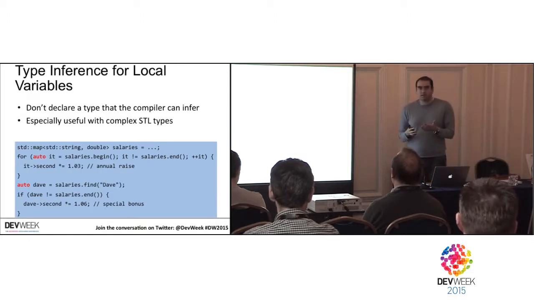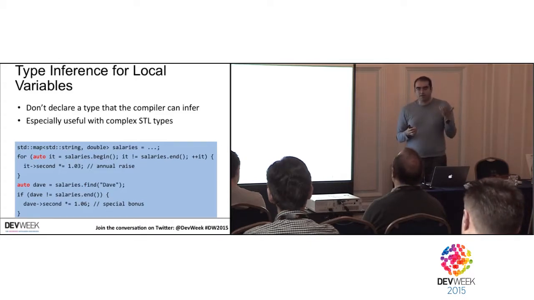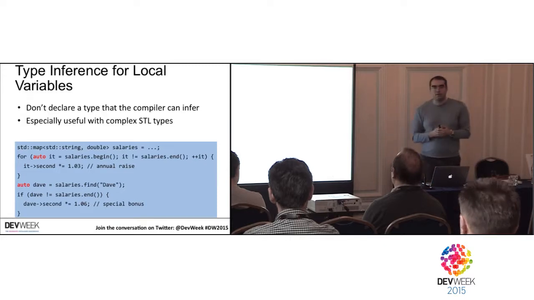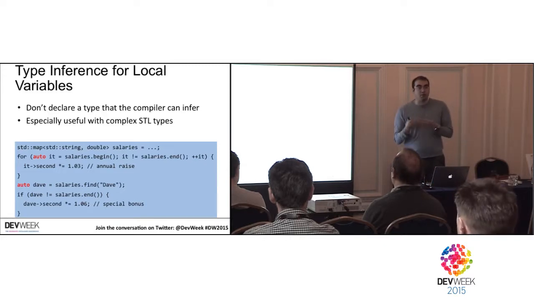This clearly applies to iterators and all complex types like that, but you can also use auto with ints and doubles and strings, and the compiler is pretty good at figuring out types anyway. Whether you use it for ints or not, I leave it up to you, but for complex types, it's pretty clear that you want this feature.